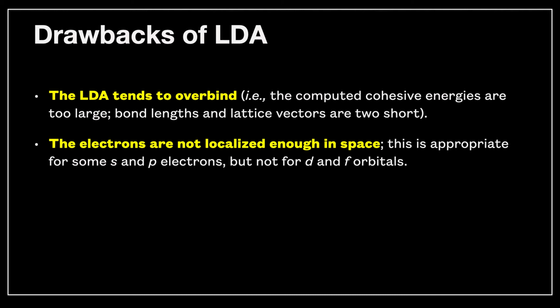So in many cases, and I'm going to show that in the next slide with a picture, when we have a system with a majority of S and P electrons, that's okay because S and P electrons are more homogeneous, if you will, in the orbitals. But when we have D and F orbitals, like in transition metals, for example, this starts to become a problem. And so when we have localized orbitals like D and F, LDA is pretty poor.